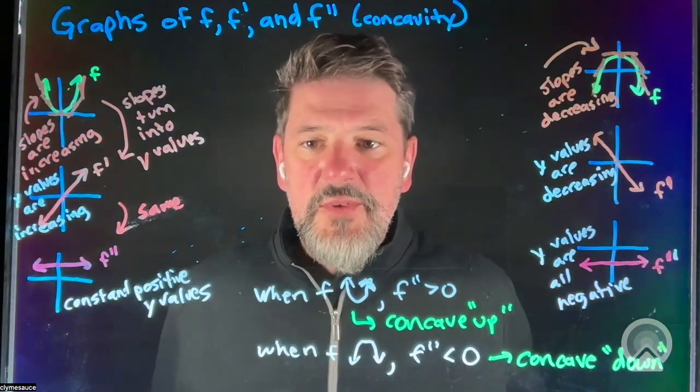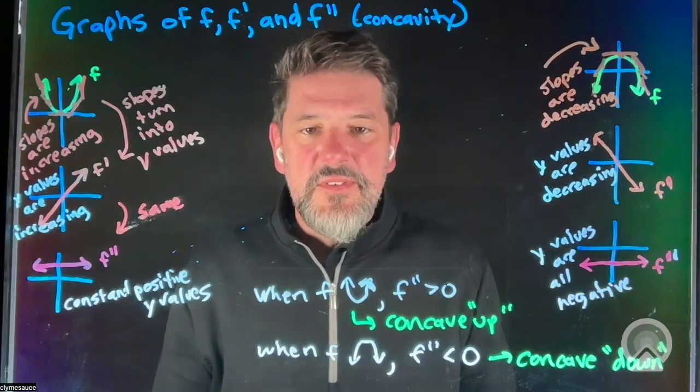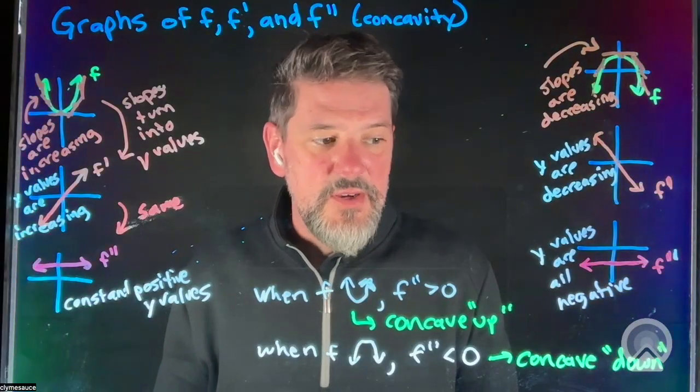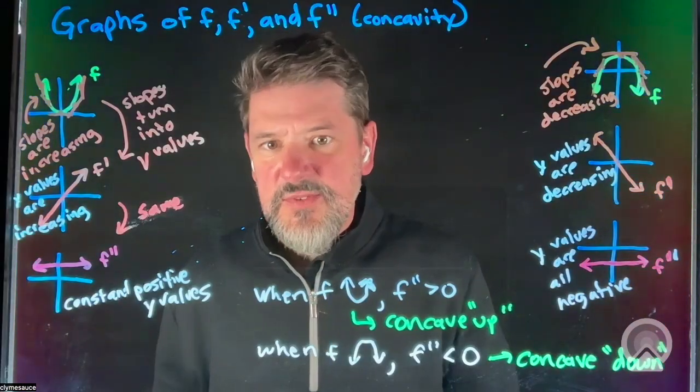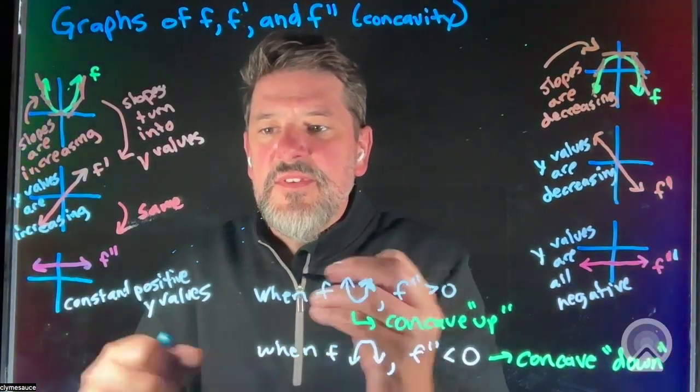So now you might be asking a question, and maybe you should be asking a question: what happens when the second derivative is 0? That's a very good question if that's what you're asking. So let's put that in. What happens when the second derivative is 0?